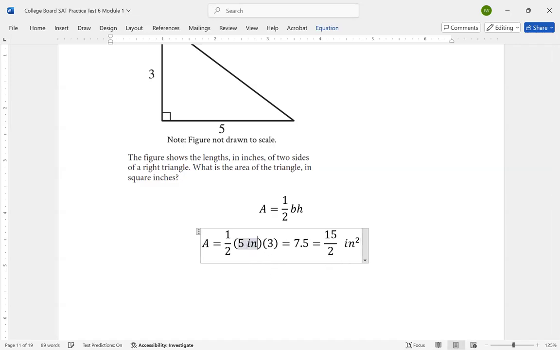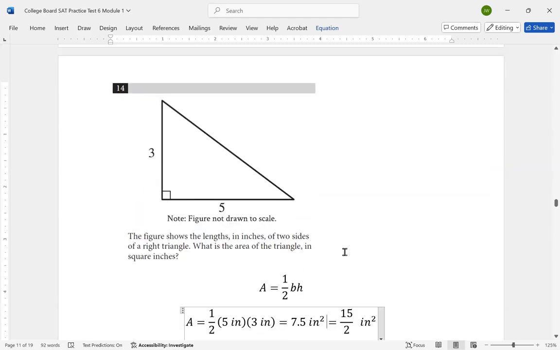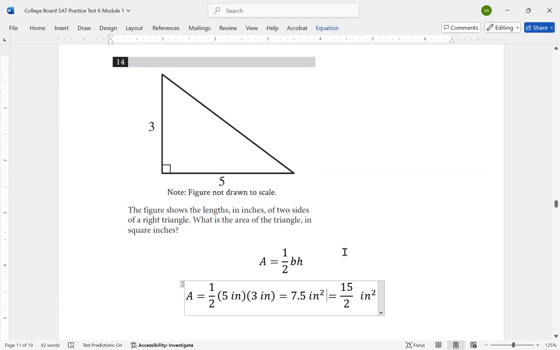So in other words, 5 inches times 3 inches is 15 square inches, or 15/2, excuse me, square inches, or 7.5 square inches. So that's what it's asking us to do. What is the area of the triangle in square inches? You can either write the answer as 7.5 or 15/2. That is question 14.